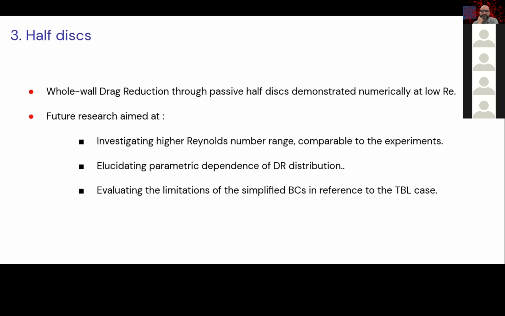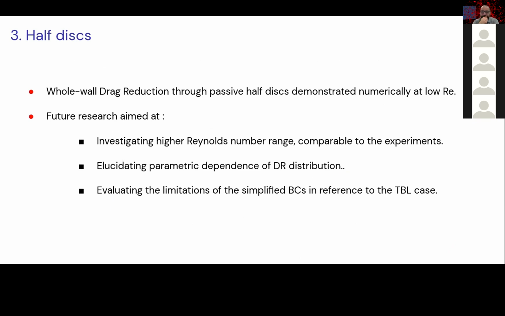However, in the sense that they prove that this configuration might achieve drag reduction, several points have to be further researched. For example, investigating the entire Reynolds number range of the original experiments, which goes from about 200 to 500.